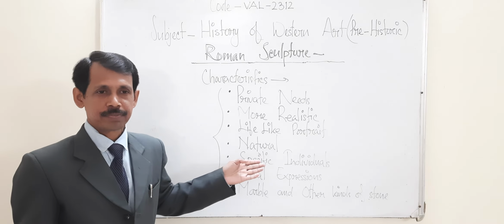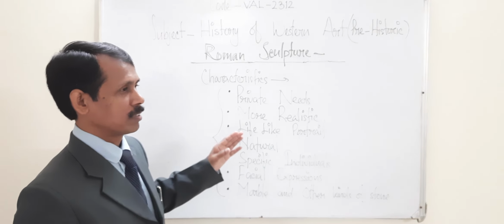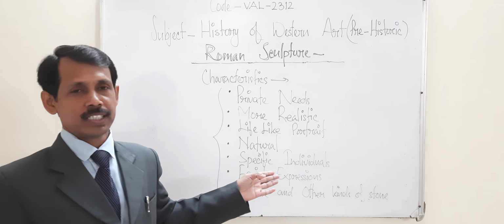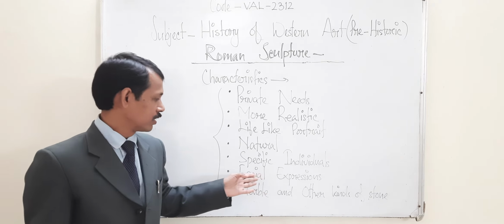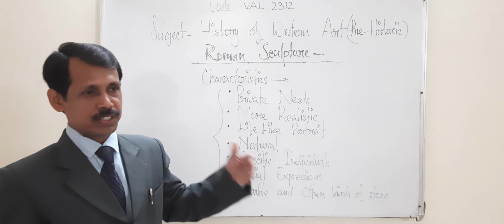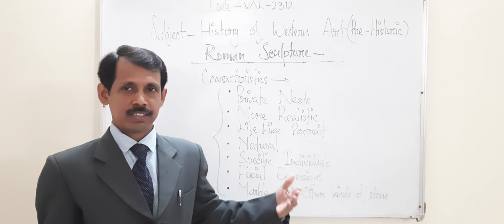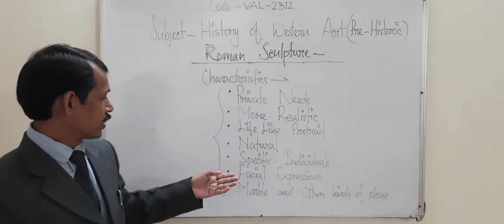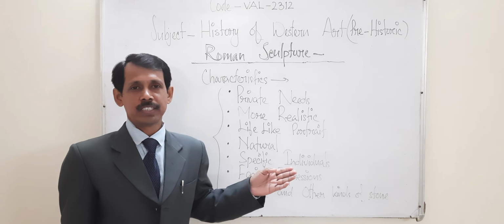That means they did not focus on other things. It was for their private needs, and they emphasized facial expressions because they felt that a person's character is reflected in their face. So that's why they focused on facial expressions, and they used marble and other kinds of stone. Mostly they used marble.